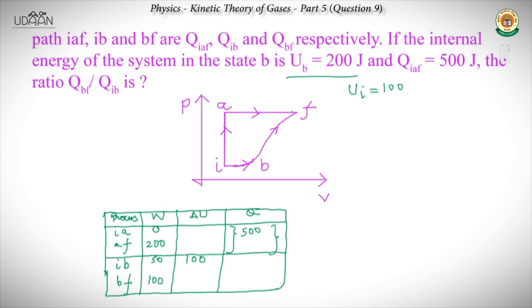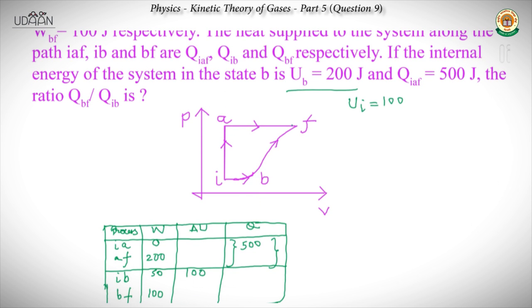Okay, so now let's see what we can do here. We can find delta U for the process IAF, going from I to A to F, because we have the total work and the total heat. Hence, we can find the total change in internal energy for this process. We get Q equals delta U IAF plus total work IAF.